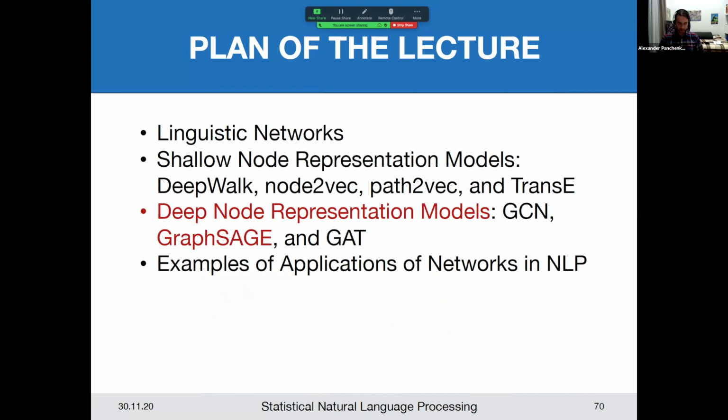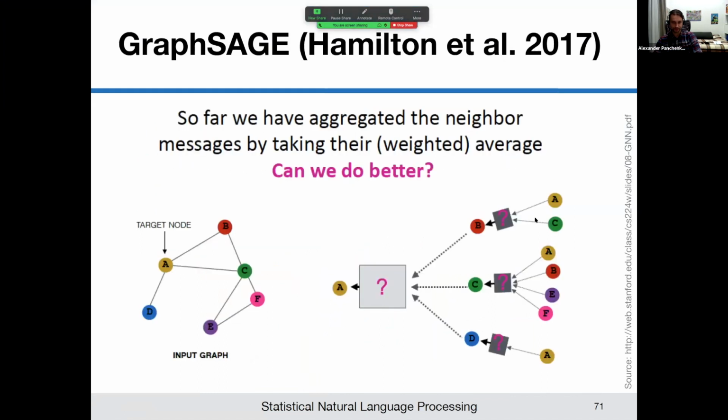All right, so let's quickly look at a couple more models which improve a bit over this baseline GCN model. Another model is GraphSAGE, and basically it improves the way aggregation of the messages can be done. In the previous case, in the case of GCN, it's just an average, right?